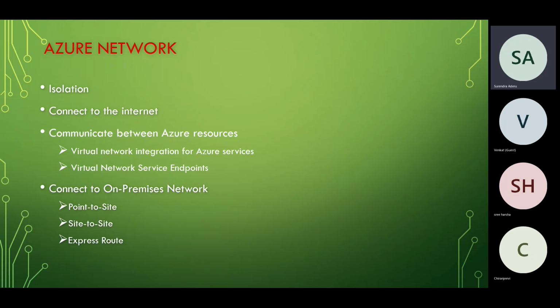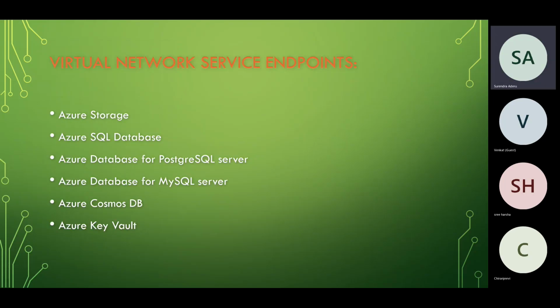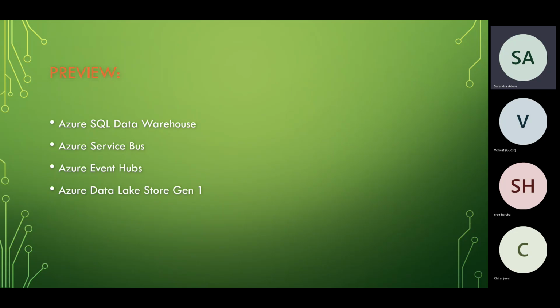you can integrate your virtual network with our Azure services, and how you can enable service endpoints. In the previous session I gave an example only for the storage account, but it does support other services. Your virtual network service endpoints can be given to your storage, databases, key vaults, web apps, and all other services.